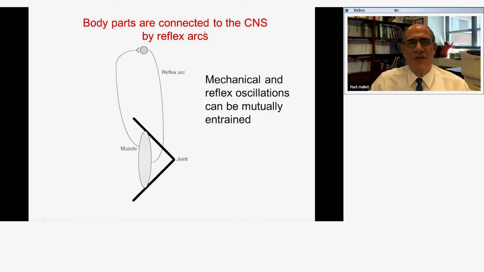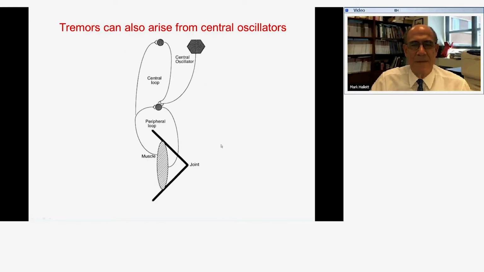Now, body parts are obviously connected to the central nervous system by reflex-type arcs, and there can be oscillations in these reflex arcs, and mechanical and reflex oscillations can be mutually entrained. So if they are close together in frequency, they can come together, and I will show you an example of how that can happen.